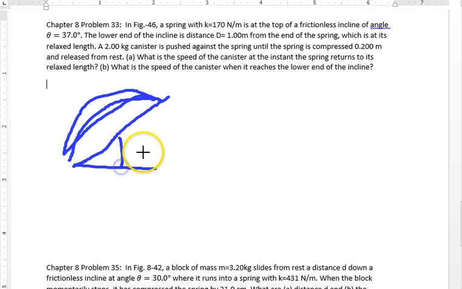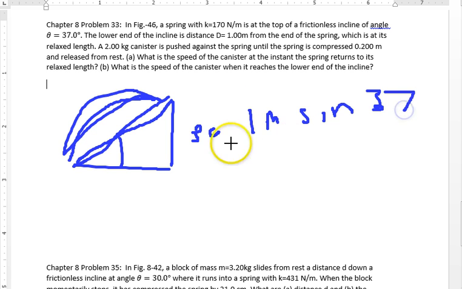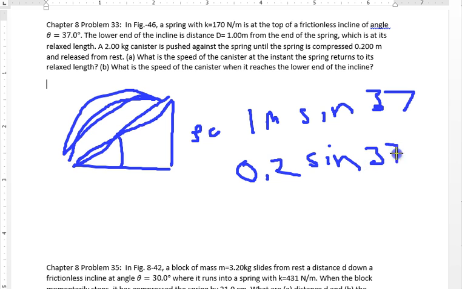And so if this angle is 37 degrees, that height is 1 meter times the sine of 37 degrees. That is this vertical portion. And when we compress the 0.2 meters on the spring, that means we increase that vertical height by an additional 0.2 meters times the sine of 37 degrees.